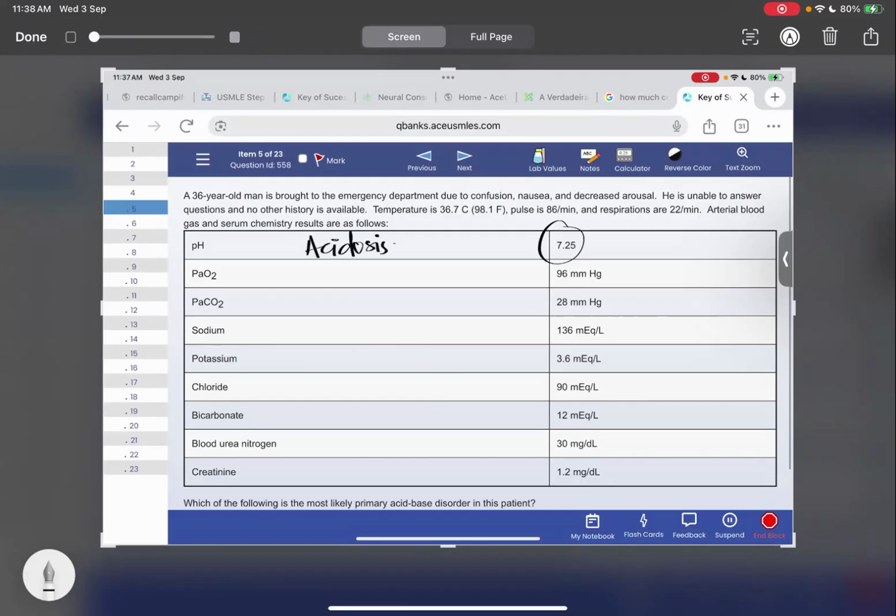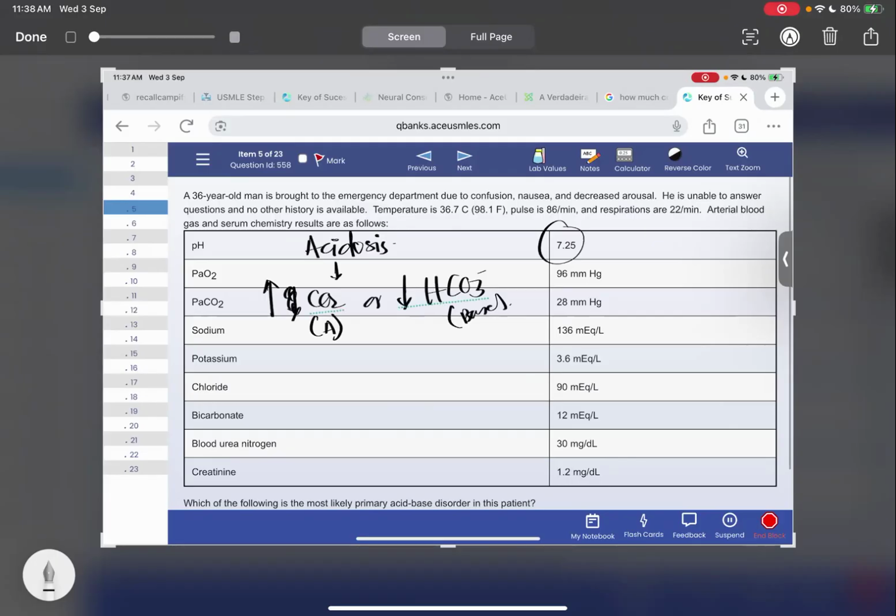If CO2, carbon dioxide, is increased, or bicarbonate is low, it is acidosis. If you are confused, just remember this concept: carbon dioxide is acid and bicarb is base.